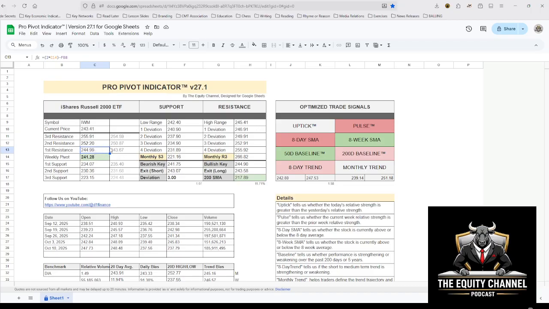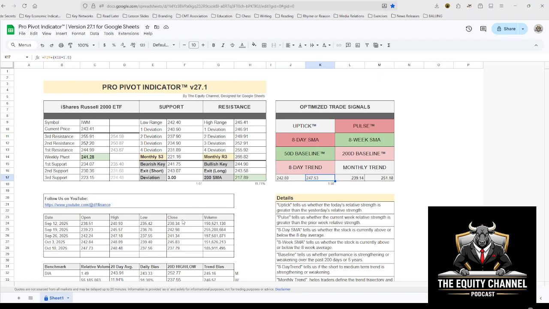And if it coincides with closing above the high range and a bullish 8-day trend, then that can be an even stronger signal. And of course, if you close above the bullish key level, an even stronger signal exists.